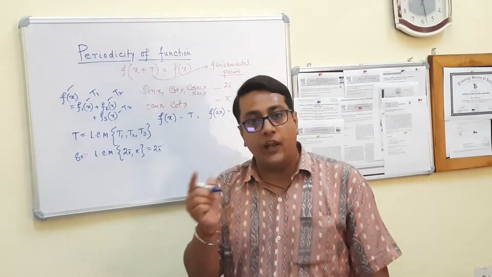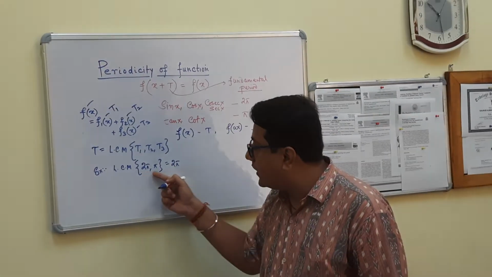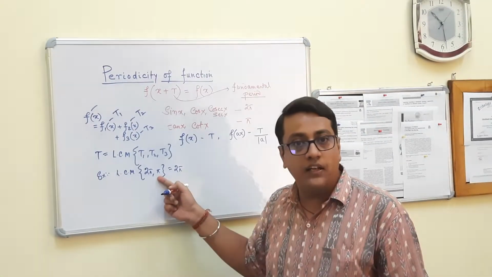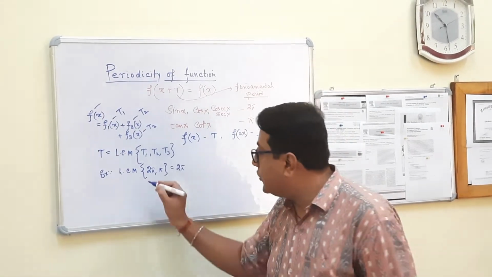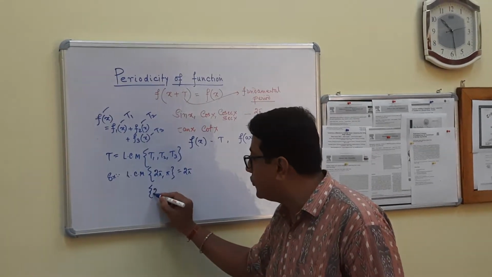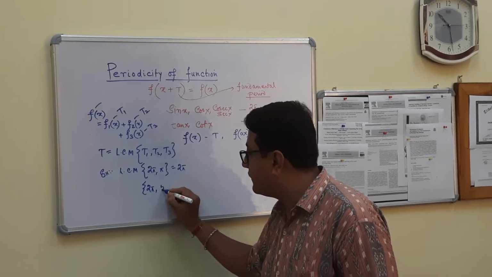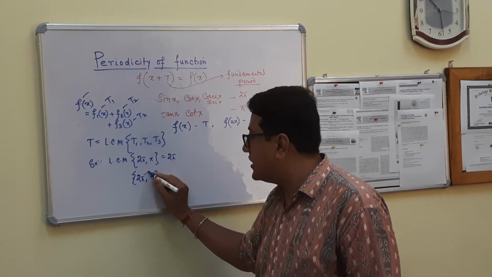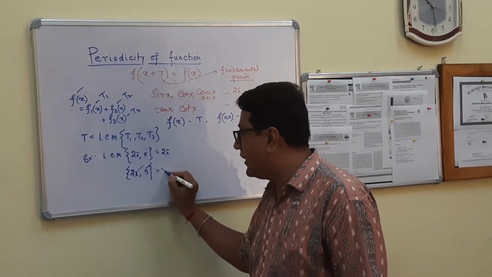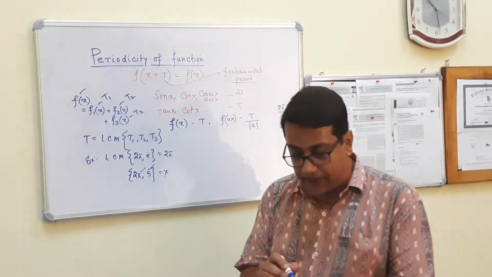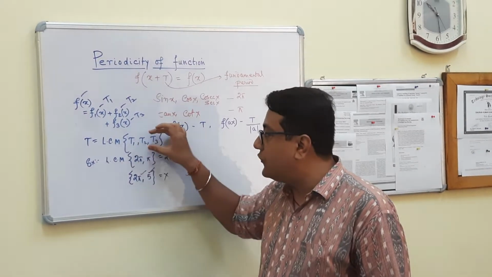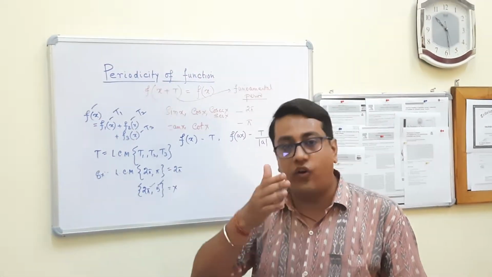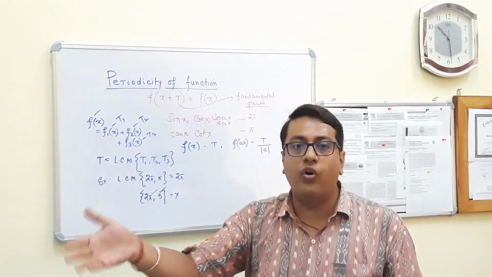We can calculate the LCM if both are rational numbers or both are irrational numbers only. I cannot calculate the LCM of 2 pi and, let's say, 5, because one is irrational and the other is rational. So this is not defined. We have to keep in mind that we will always take the LCM where the individual periods of the functions are either all irrational or all rational.